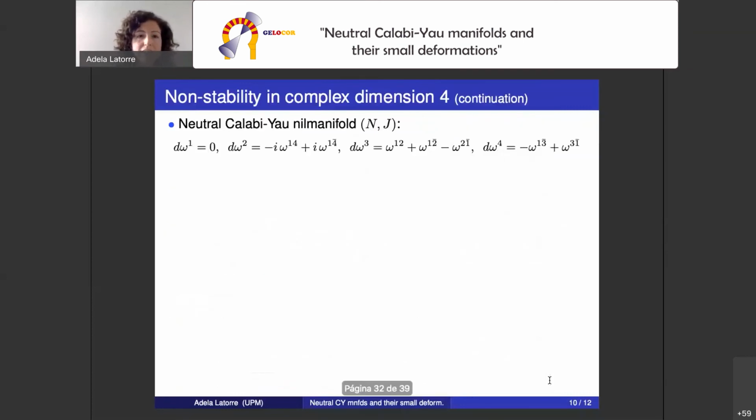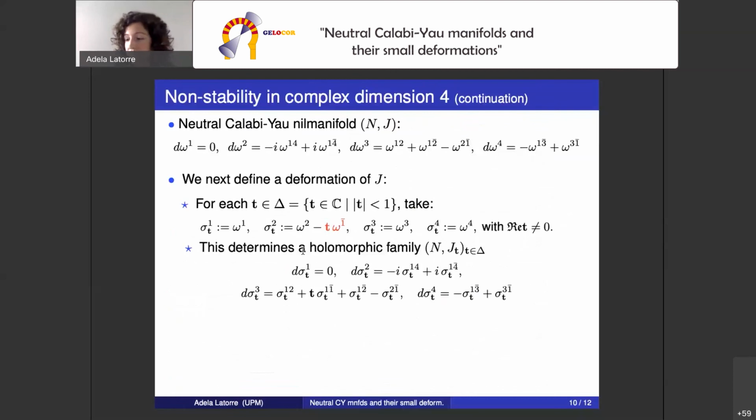But then we deform the complex structure of our manifold. This is kind of easy to do, let's say, on nilmanifolds, because one defines a basis of (1,0)-forms starting from the original one, and one needs to deform these bases along a Dolbeault cohomology class. And from previous results, you know that by doing this you do not change the underlying real manifold, but you do change the complex structure.